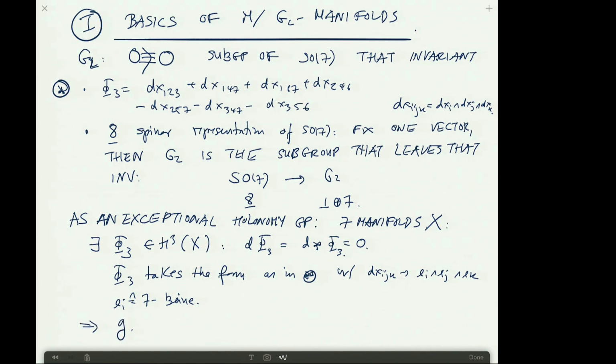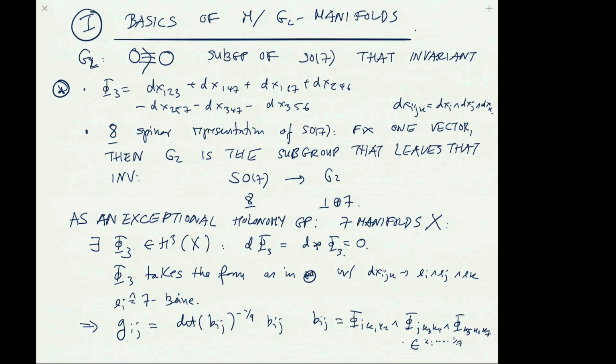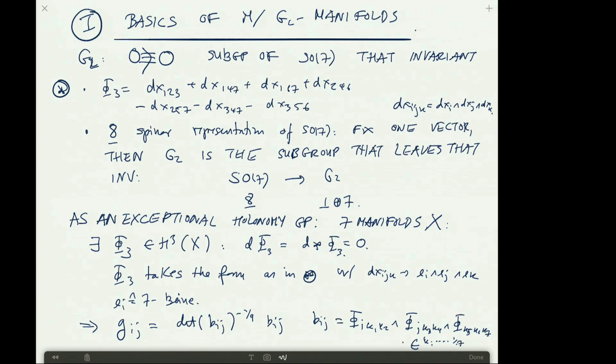So the metric is g_ij, and it's given in terms of the determinant of b_ij to the minus 1/9, times b_ij, where b_ij is the following combination of 2 copies of this 3-form, which is also called the G2 form, phi: phi_{i k1 k2} wedge phi_{j k3 k4} wedge phi_{k5 k6 k7} times epsilon^{k1...k7}.